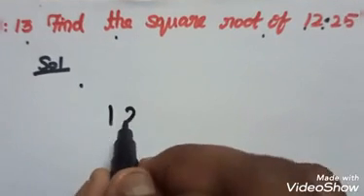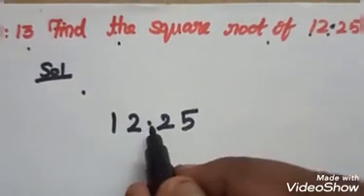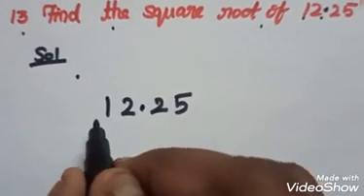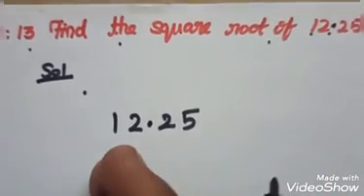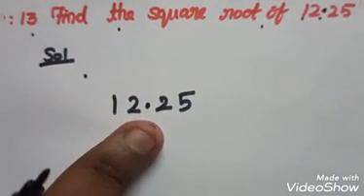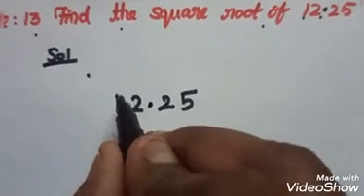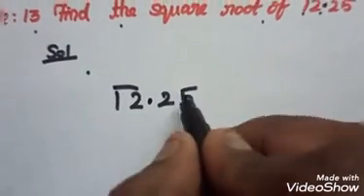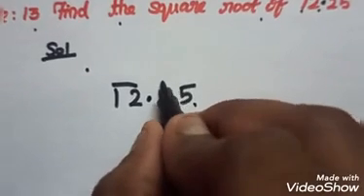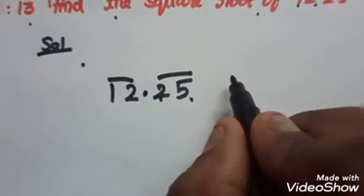Normally you just write 12.25. Since there is a decimal point, from ones, tens you go from right to left, and in the decimal part, left to right. So ones, tens you make a pair, and then 10th, 100th you make a pair. If you need any other digits, you must add 00.